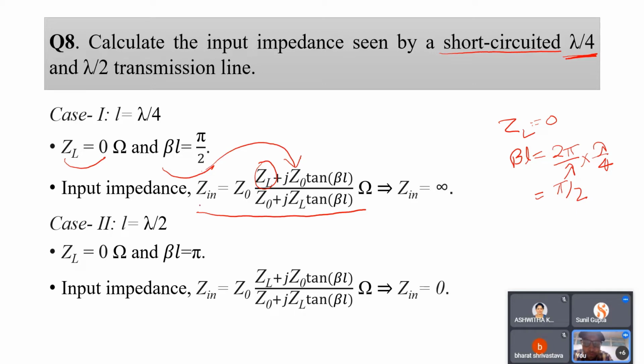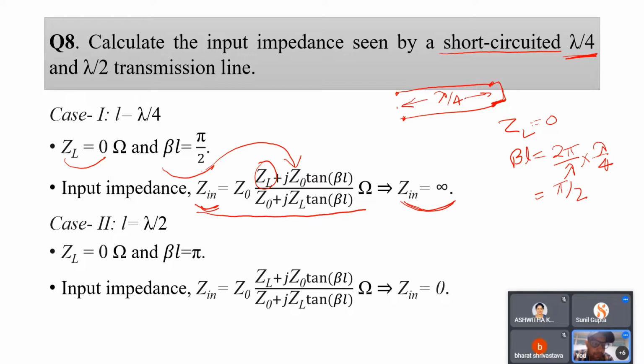You will find that Zin calculated will be infinite. So for a short circuited transmission line of length lambda by 4, it is short circuited at the load end, but at the input you will see an open circuit.